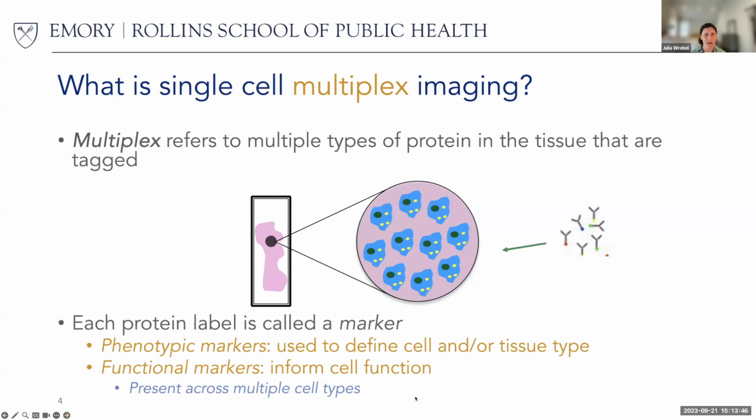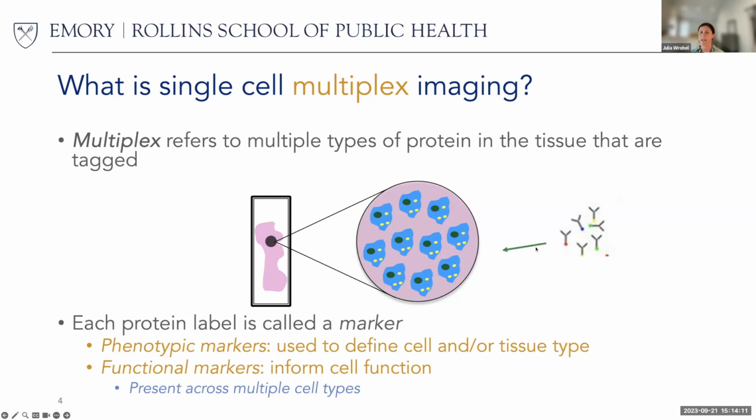Okay. So then the multiplex part of single cell multiplex imaging comes in because multiplex refers to the fact that we're tagging multiple types of protein in the tissue for the image. The way it works essentially is you take these protein antibodies and you attach them to the outside of this tissue.